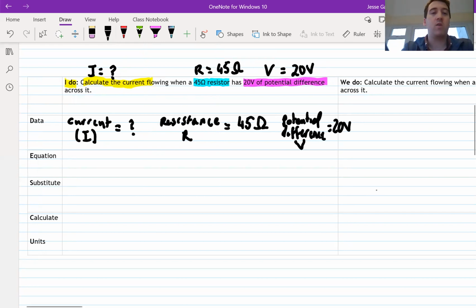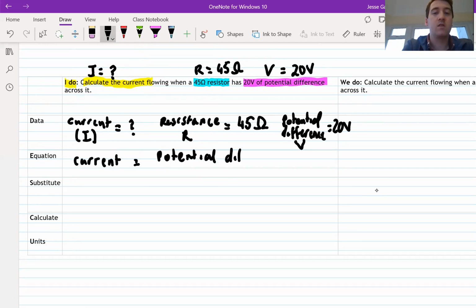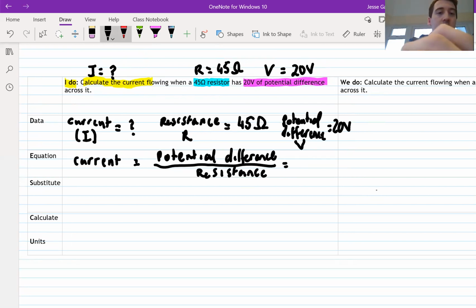Let's look at the equation. What is the equation? Well, this is Ohm's law. It's current equals potential difference divided by resistance, or just using the symbols, I for current equals V for potential difference divided by R for resistance.